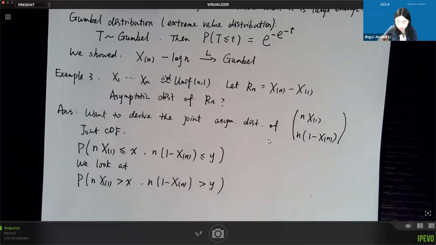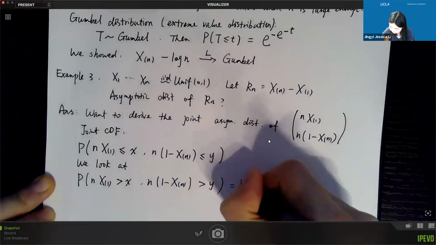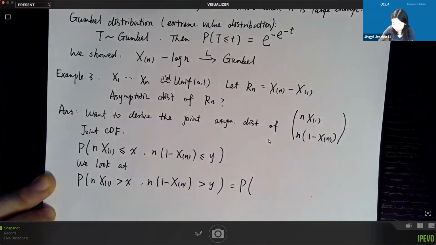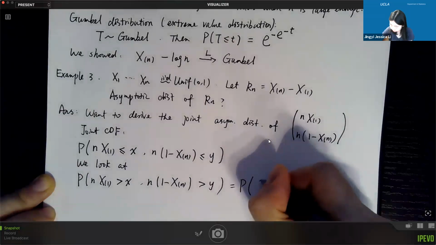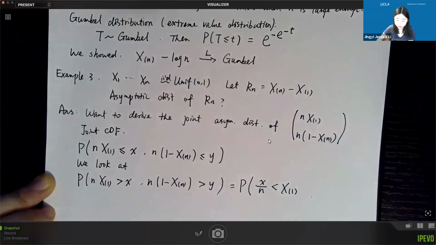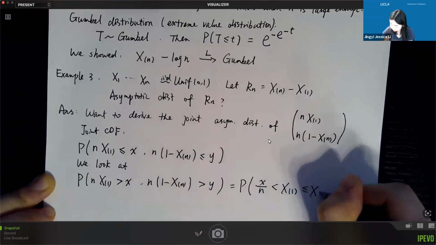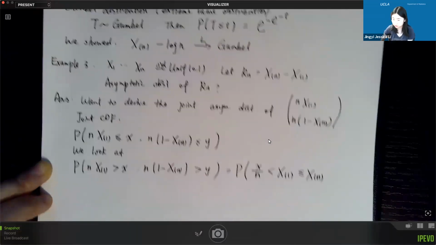So we work with this instead of that, just because of the reason I said. Okay, and what does this imply? This is actually very interesting. So if we look at this, it's saying what? This is actually equal to the probability that x1 is larger than x over n, and of course, x1 is less or equal than the maximum by definition.